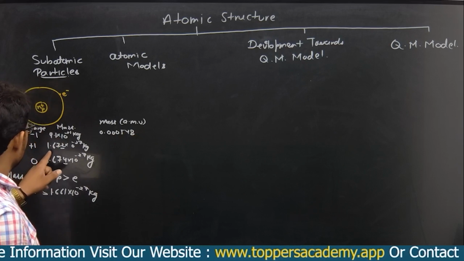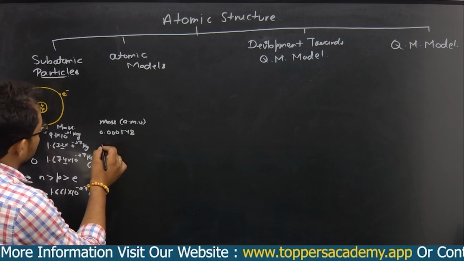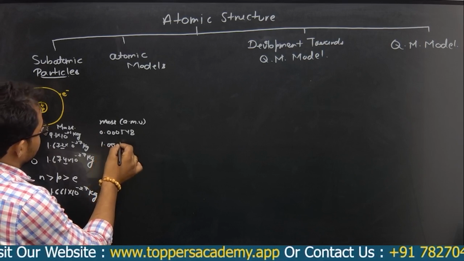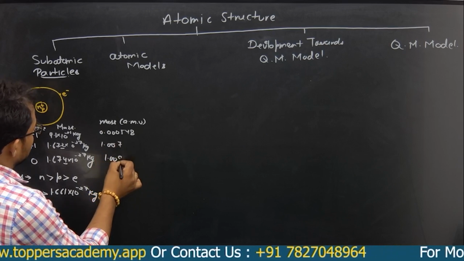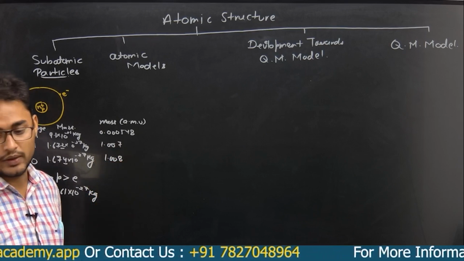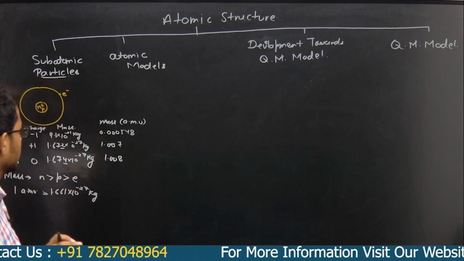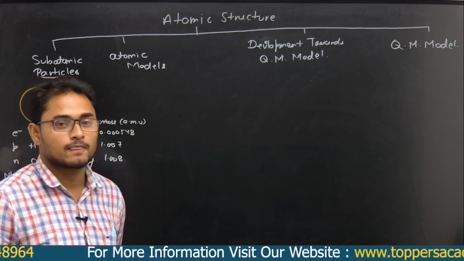When I divide 1.672 by 1.661 into 10 to the power -27, I will get the value 1.007 AMU. For neutron it is 1.008 AMU. So this is in AMU, and the earlier values are in kilogram.